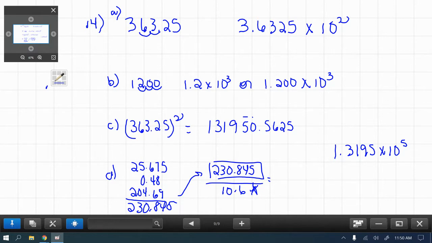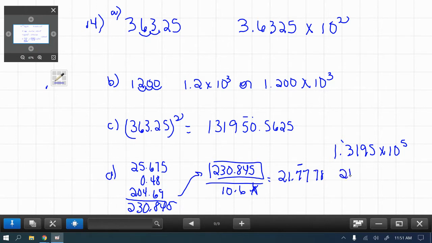Okay, so let's do 230.845 divided by 10.6. Yeah, I got 21.77783019. Okay, so I just need it to 3, because this one really would only be, if I would have rounded it, it would actually have been 5, but this is smaller. So the third one, 3, that's got 5, that's got 6, but if I'd have counted out, 2.18.